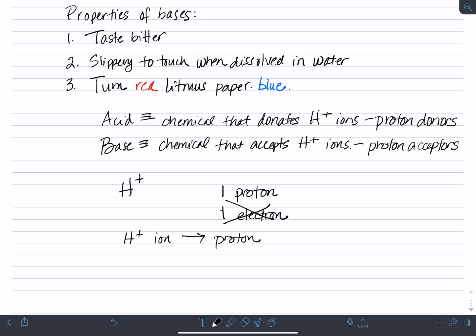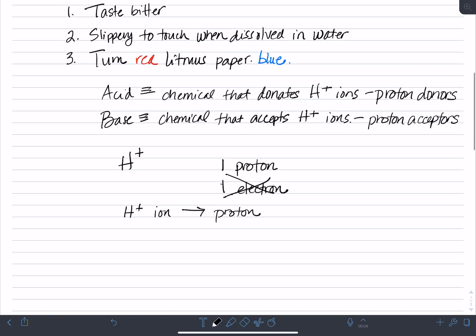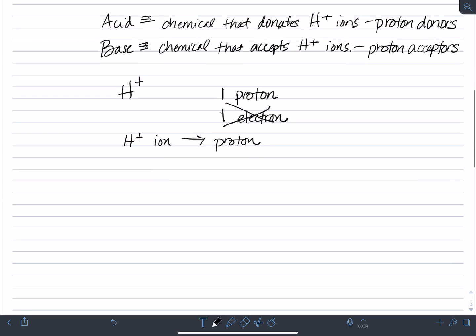The last thing I want to touch on just real quickly is the idea that some substances can act as either an acid or a base, and we would call that substance amphoteric.